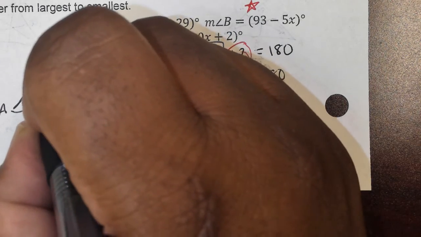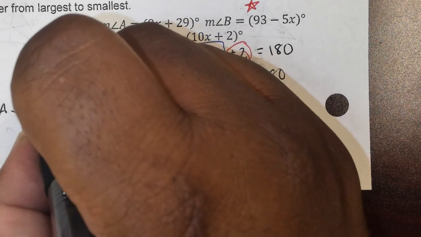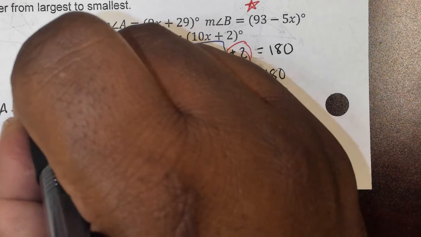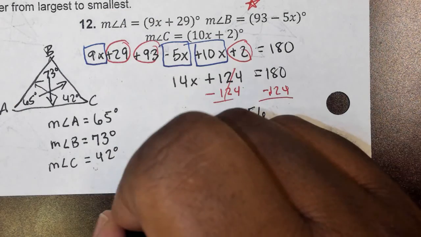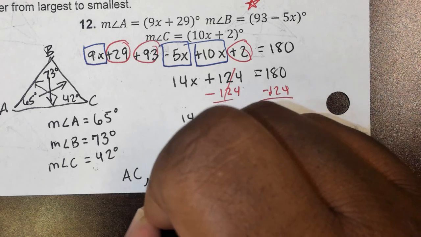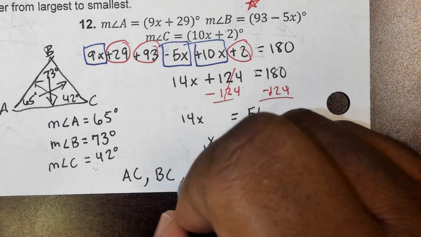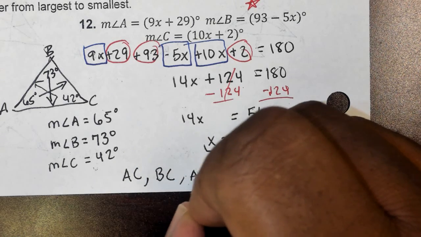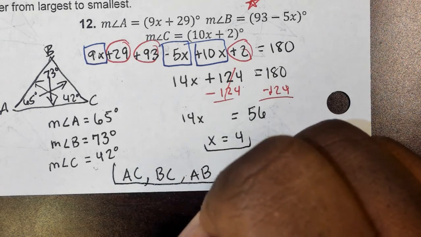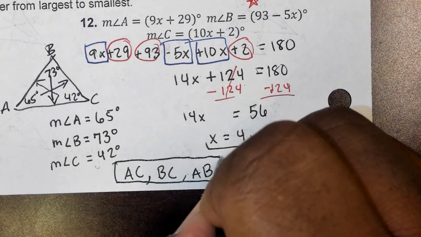So here, oh, that's wrong. Here, there, and there. So I got AC, comma, BC, comma, AB. Those are my sides, largest to smallest.